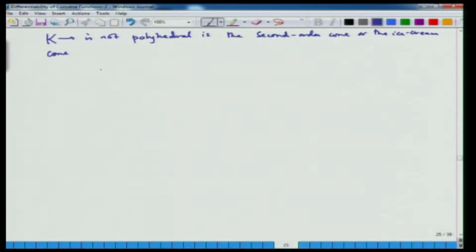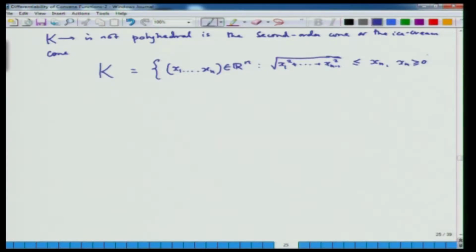So, let me describe this cone K. In Rn it would be of this form. This is less than xn, where xn is greater than or equal to 0.